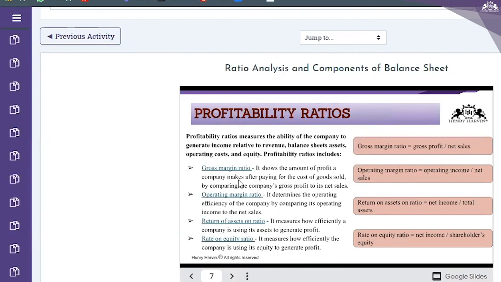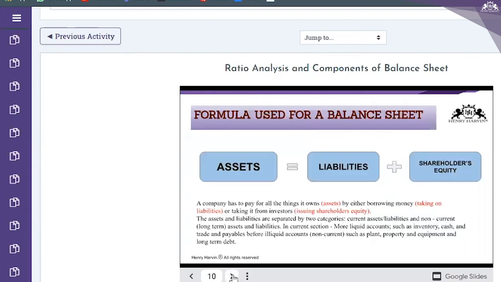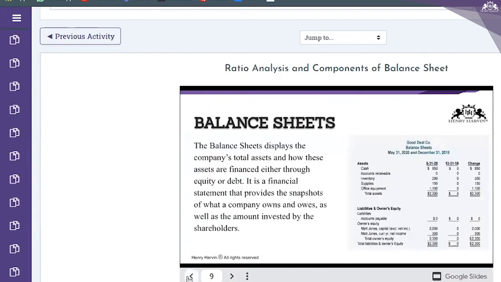Profitability: gross profit, operating margin, return on assets, return on equity. These are certain other ratios which are given: book value per share, what is the value per share based on the equity available? Dividend, how much dividend can be attributed to the shareholders? These are specifically in relation to companies.